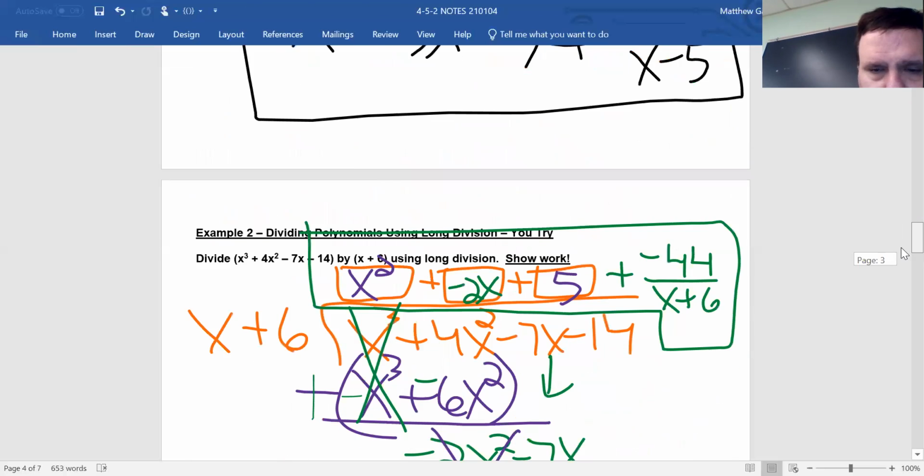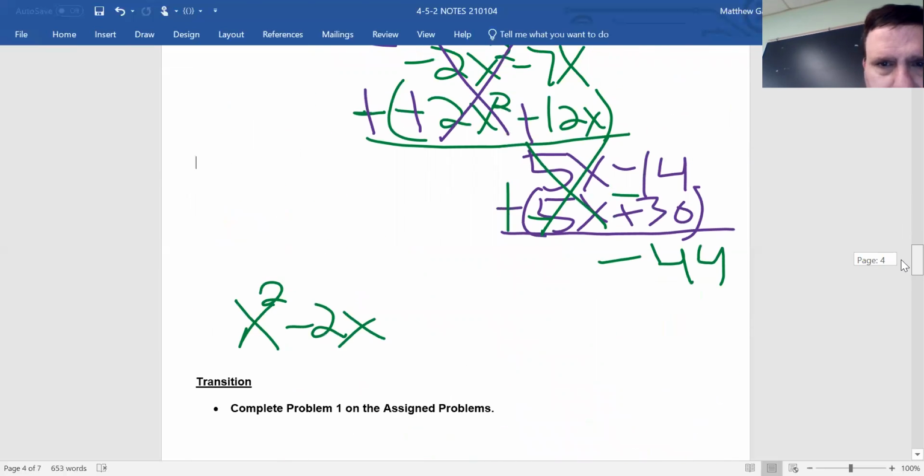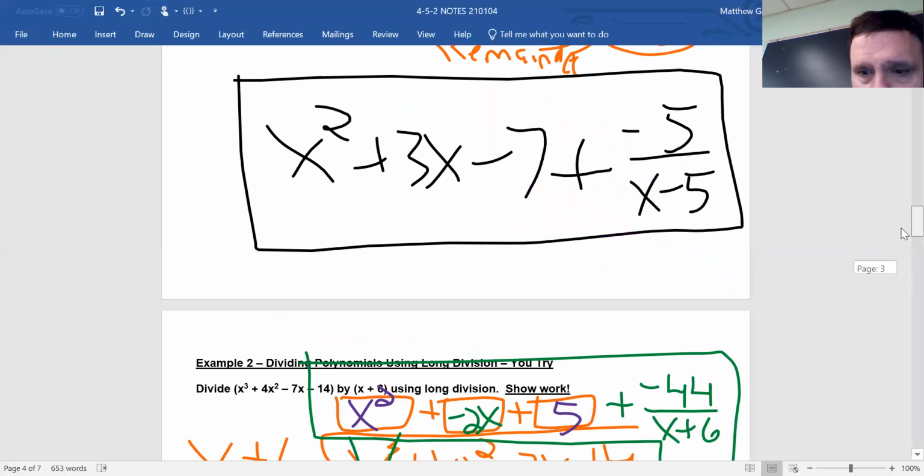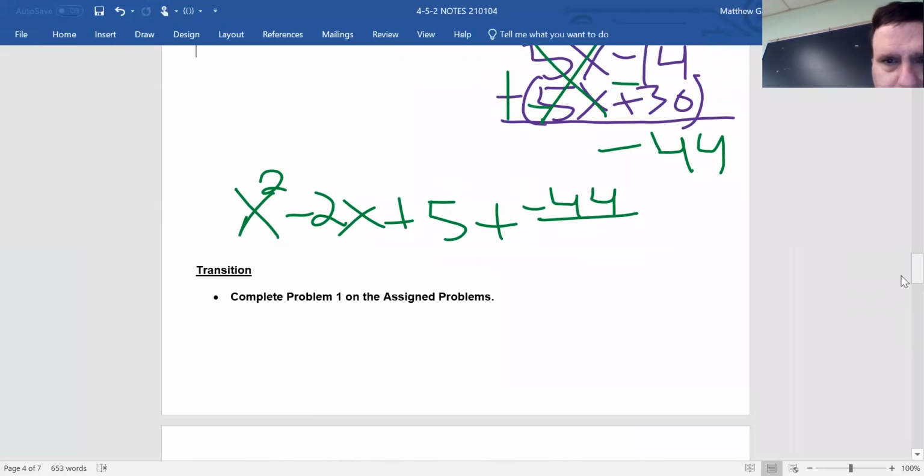And then plus 5 with a remainder of negative 44. I hope I got that right. Remainder should be negative 44. Yep, over x plus 6.